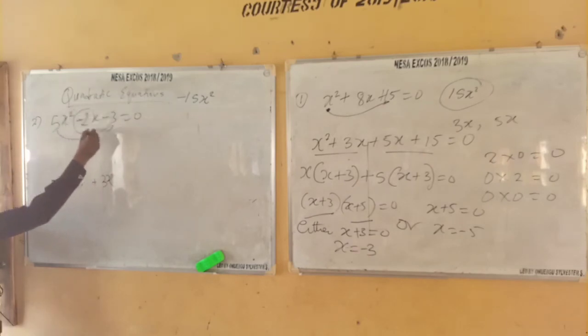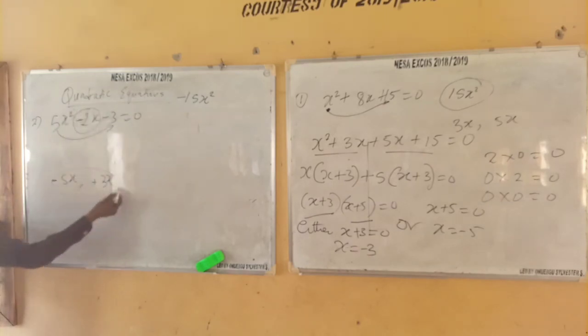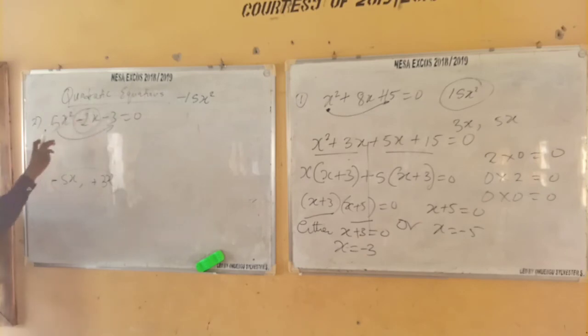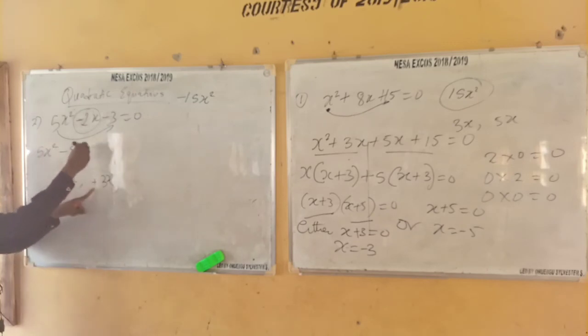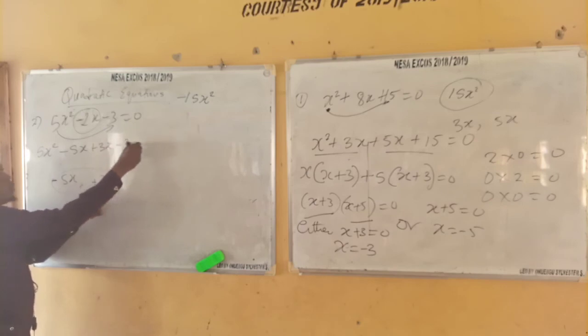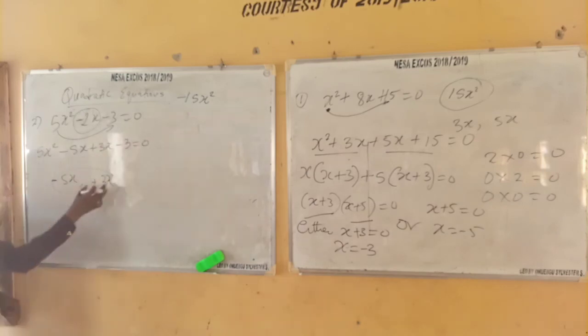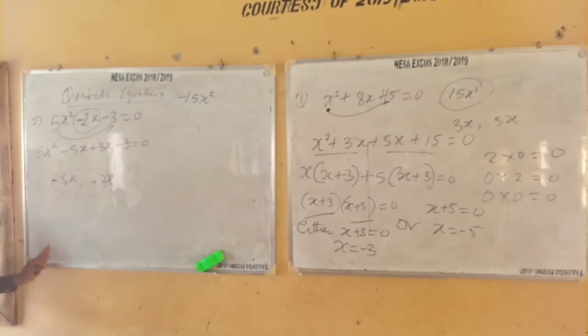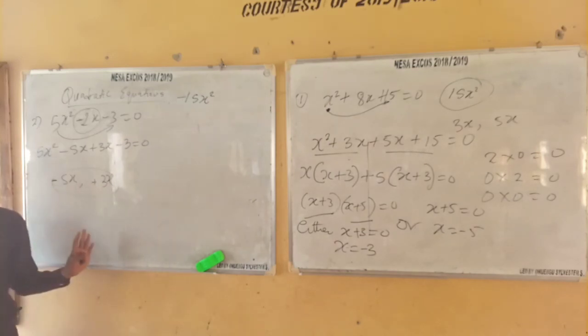Hence, I am now free to write 5x squared minus 5x plus 3x minus 3 equal to 0. The order does not matter, provided that you are writing them with their signs. That's the most important thing.